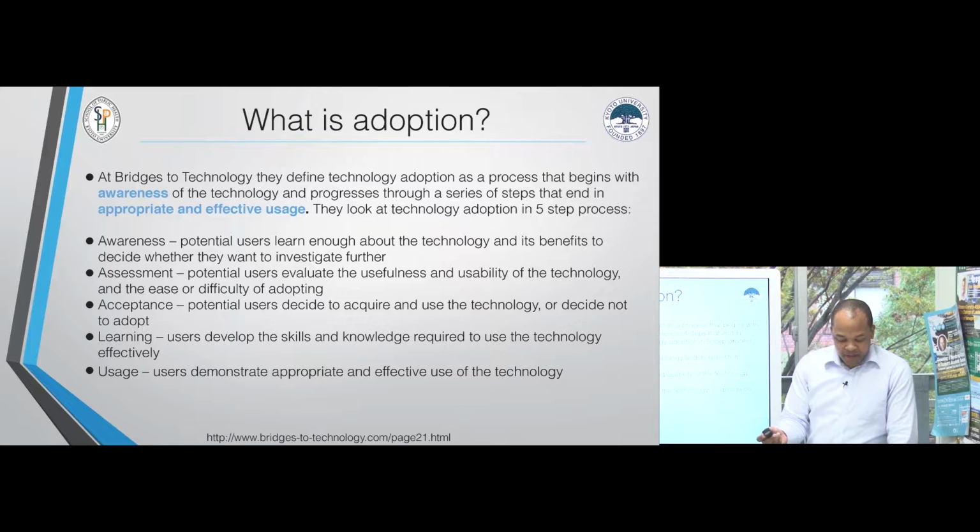Potential users decide to acquire and use the technology or decide not to adopt. Learning. So users develop skills and knowledge required to use the technology. So if it's a game, how do you play the game? There are rules to the game. Is it difficult? Is it easy? And then usage. Users demonstrate appropriate, effective use of the technology.